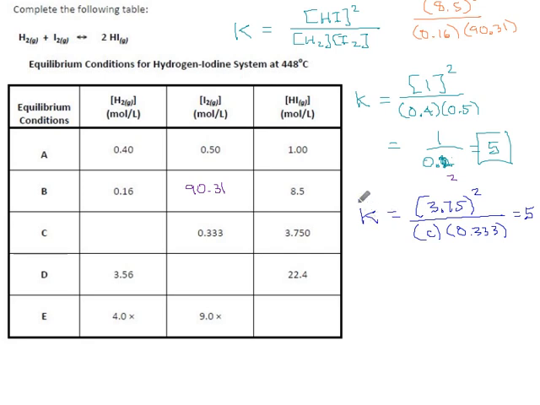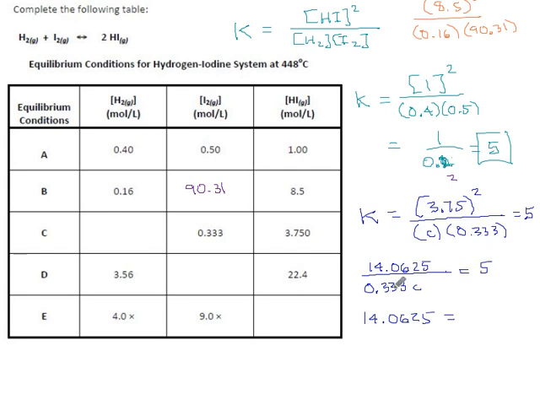3.75 squared is 14.0625. Downstairs we get 0.333C equals 5. Multiply both sides by the denominator. 0.333C times 5 makes, oh sorry, our left side is still 14.0625.